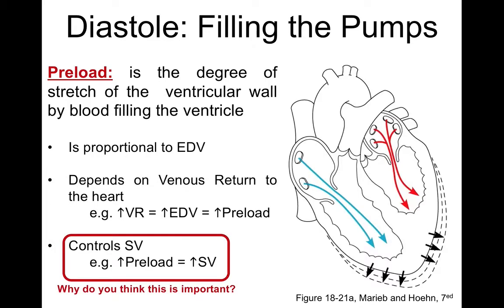Now, why do you think it's important that if you increase preload, you increase stroke volume? If you have a think about it, it should be fairly logical. If you increase the amount of blood being returned to the heart, and you don't have some mechanism by which you're also increasing the amount of blood being pumped by the heart, then this blood is going to start backing up.